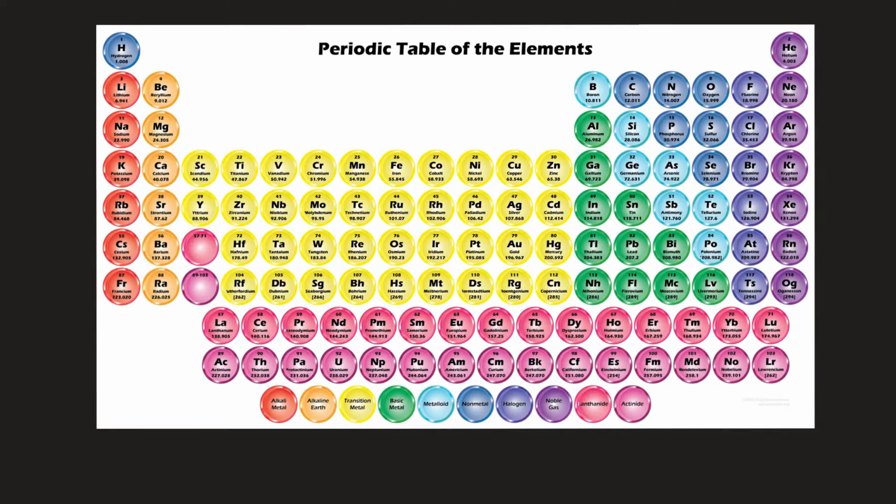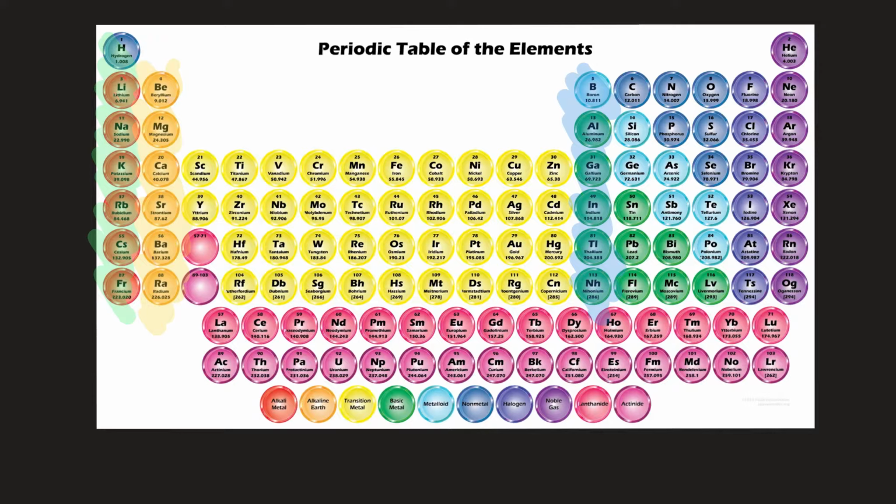Now, another way that we classify elements on the periodic table, other than using periods, is what we call groups. Groups are elements that reside in the same column. Like this first column here, the second column here, and this third column here. These are what we call groups.